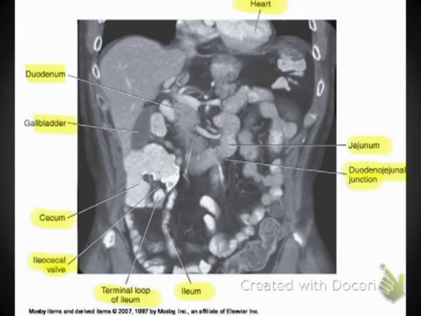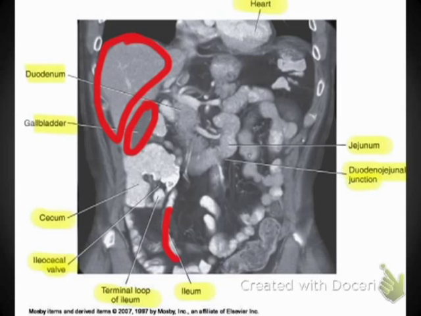If we're looking at this image, we see that we have the liver. We're not really seeing the stomach, but we do have the gallbladder here as well. We have the ileum here, here, and here, and we have the jejunum here.